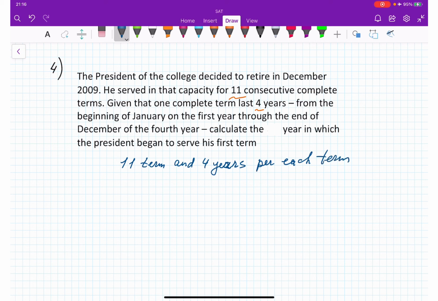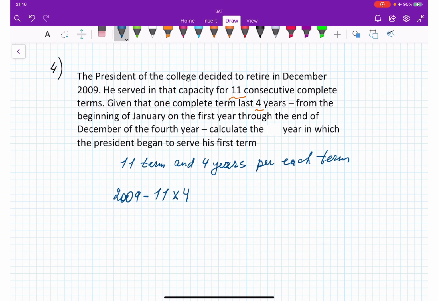So that makes 11 times 4, total 44 years, right? He wants to retire in 2009, so I need to subtract: 2009 minus 11 times 4.